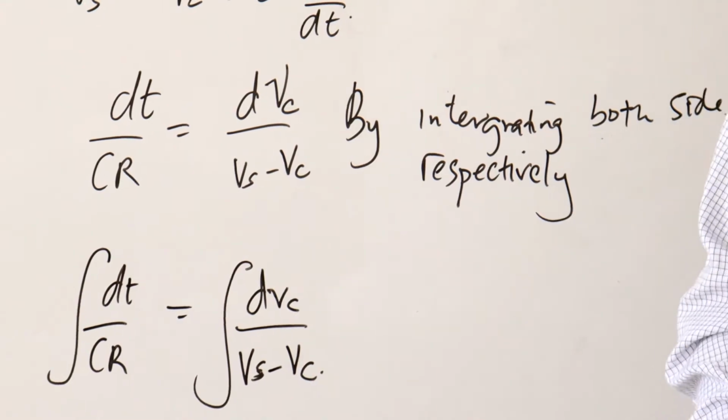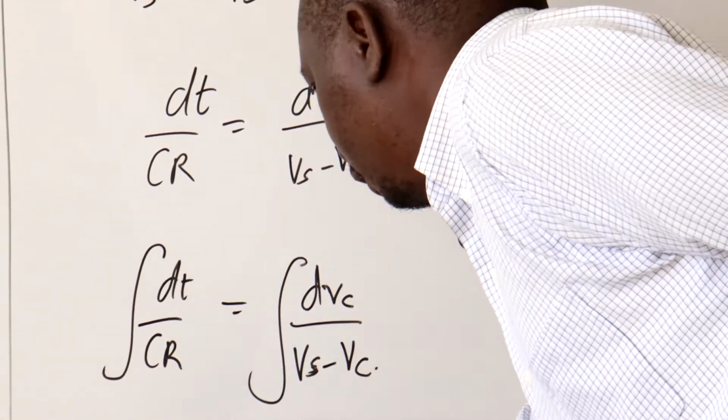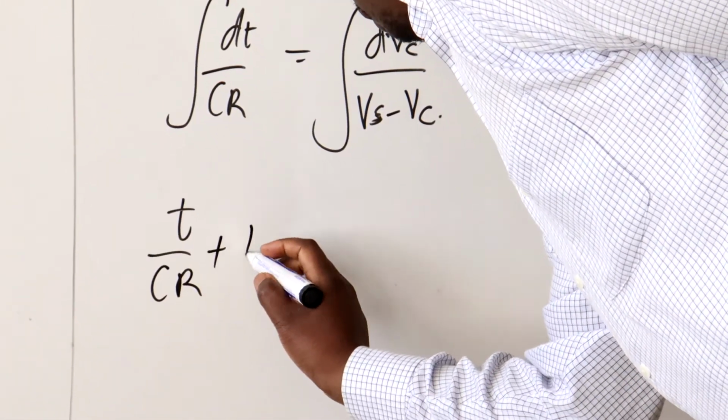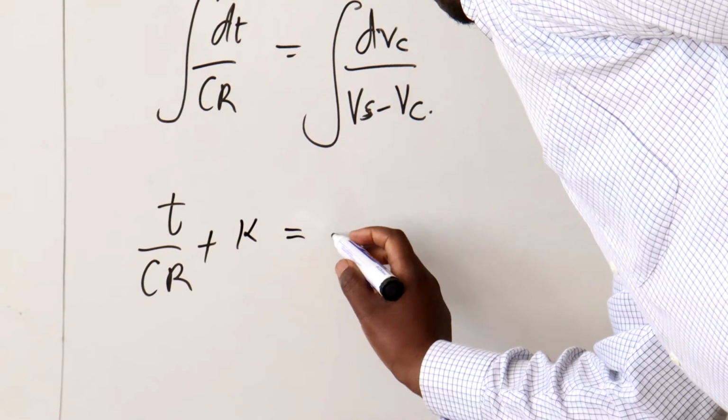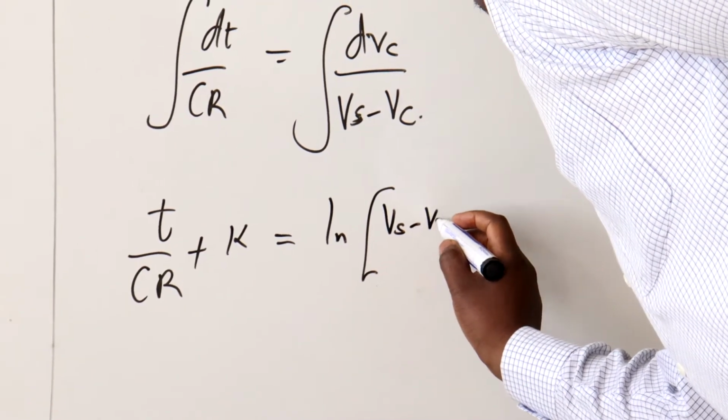On the left hand side, we have t over CR plus a constant, and on the other side we have ln of Vs minus VC.